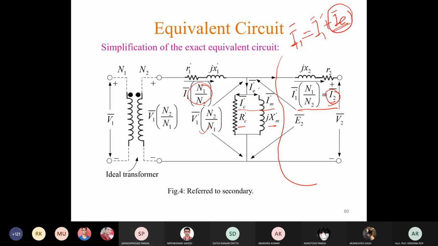It is a component of current, so it is a primary parameter, no doubt about that. Then it has another two components, one is IC, another is IM. So IC and IM are also primary parameters, right? Yes, sir, got it. Then RC and XM are also primary parameters, so they have to be transferred to the secondary side. Any other question?